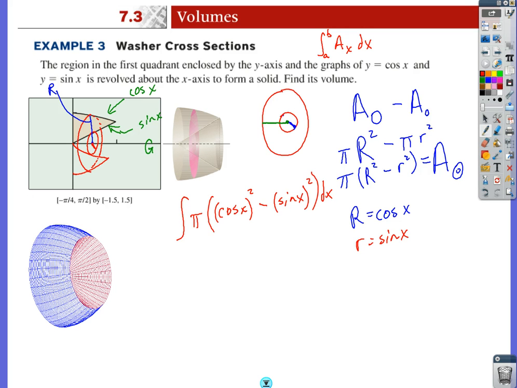So then what are my limits of integration? The easy one is 0. But then where do they meet? Where do sine and cosine have the same value? I'm hoping that you know that that's going to be pi over 4.